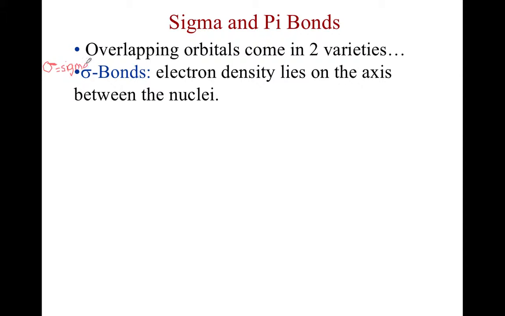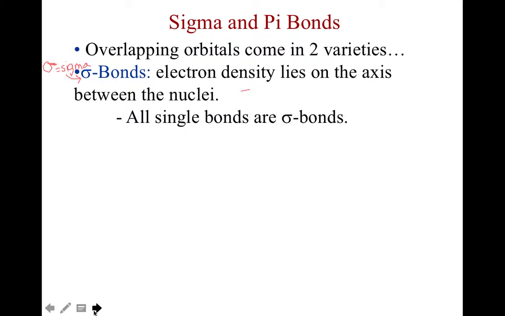It's a Greek letter for sigma. In sigma bonds, the electron density lies on the axis between the nuclei. So you can think about it as it lies on the bond line. All single bonds are sigma bonds.